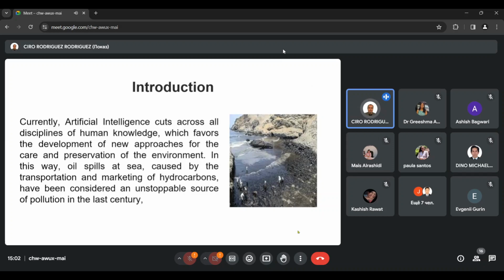Oil spills at sea cause many problems to the whole environment, and they are mostly caused by the transportation and marketing of hydrocarbons, which has been considered an unstoppable source of pollution of the century.